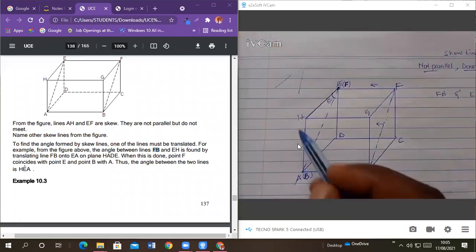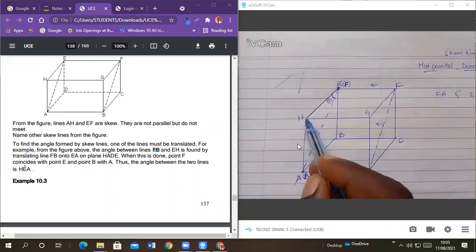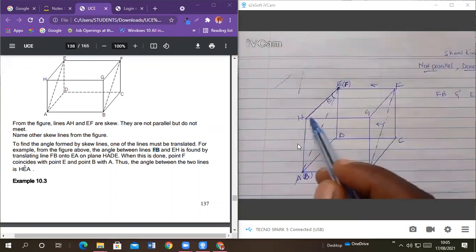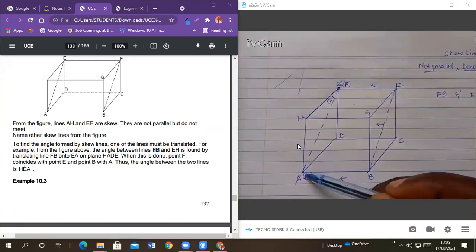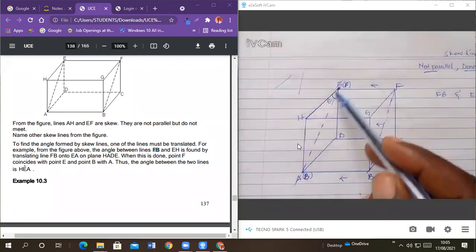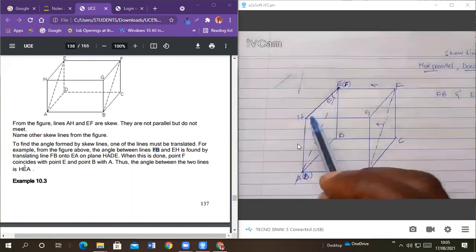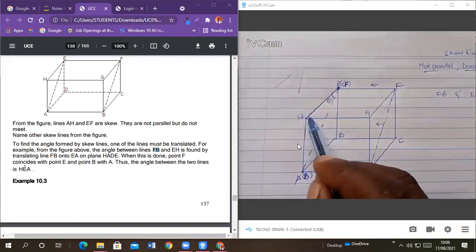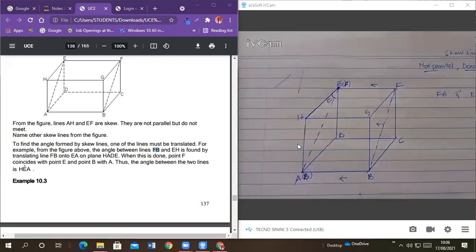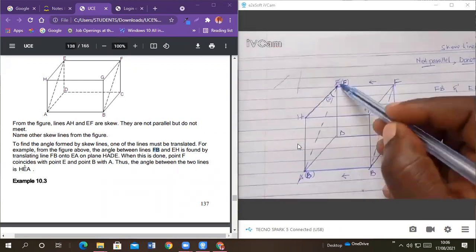So we know that at this point H, are we together? If you look at the triangle B, F, and H, at this point here we have 90 degrees. Look at this triangle here.